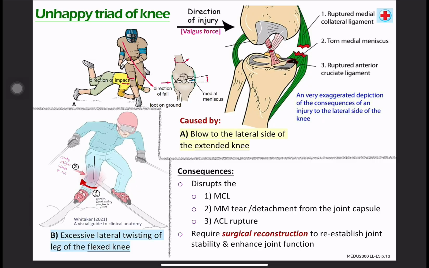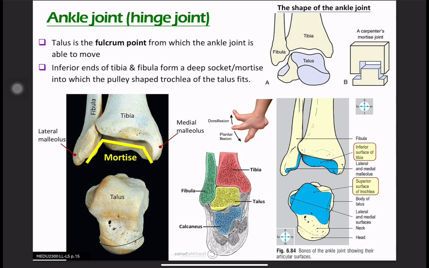The ankle joint is another hinge joint. The talus is a critical bone that transmits the entire body weight from the leg to the foot. Its unique shape and position allow it to function as a pivot point for ankle movement, dorsiflexion and plantar flexion in particular. The ankle joint is formed by three components: the lateral malleolus of the fibula, the medial malleolus of the tibia, as well as the inferior surface of the distal end of the tibia.